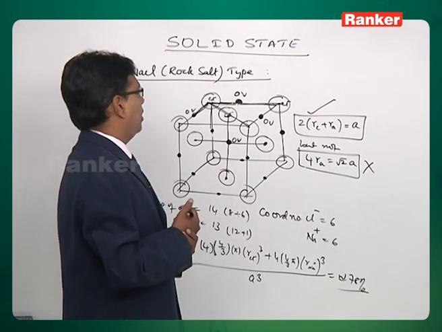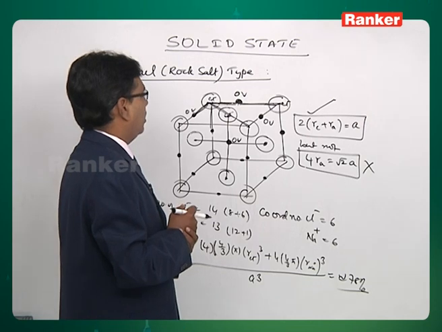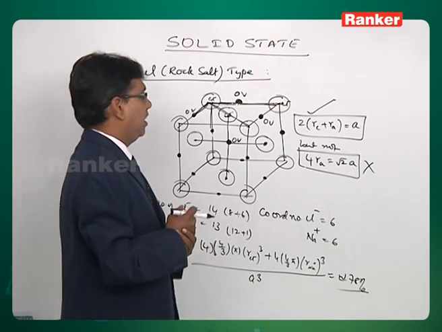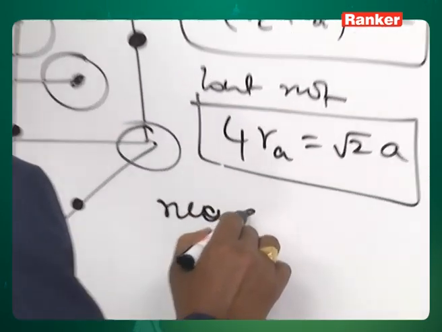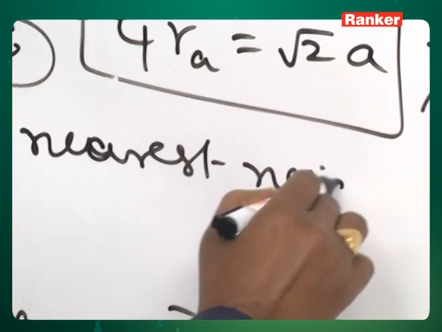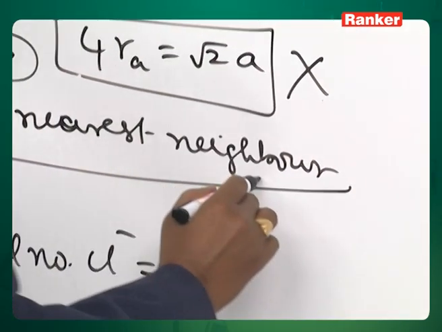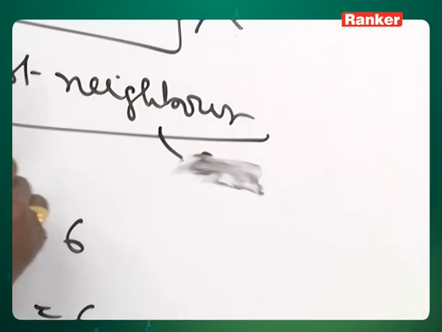Now, another possibility of asking questions is how many nearest neighbors a chloride ion can have. The first nearest neighbor is nothing but the coordination number.